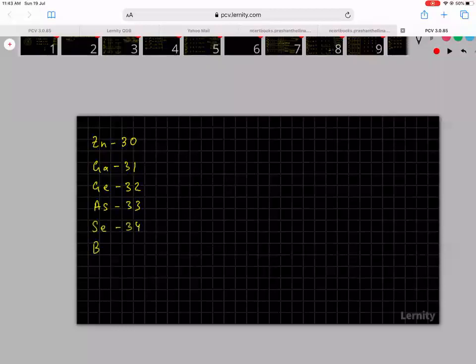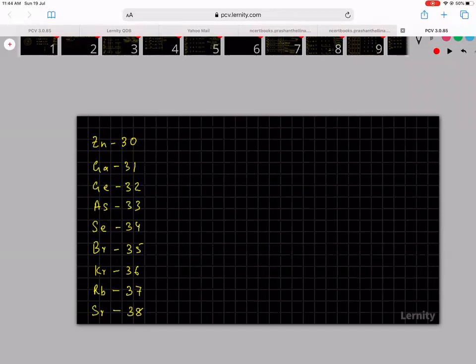Then bromine, 35. And then krypton, 36. After krypton, you have rubidium, Rb, which is 37. After rubidium, you have strontium, Sr, which is 38.